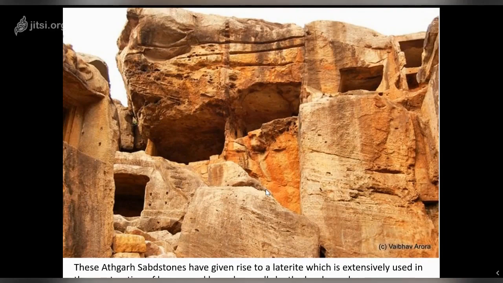People in the past have been constructing their houses with laterite bricks. It is soft when it is cut in the quarry, and then when it is left exposed to the air and sun, the whole thing becomes very hard.